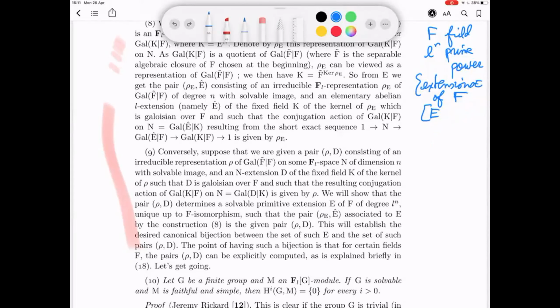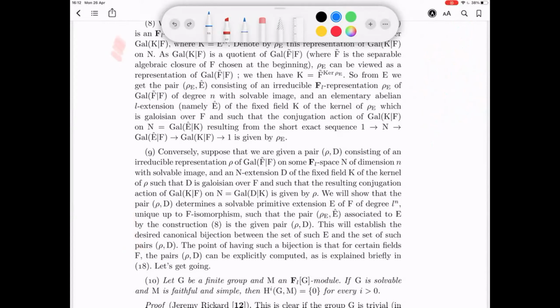And the statement that we are going to prove is that it can be parameterized by the set of pairs rho comma D, where rho is an irreducible F_L representation of the Galois group of F tilde over F of degree n.